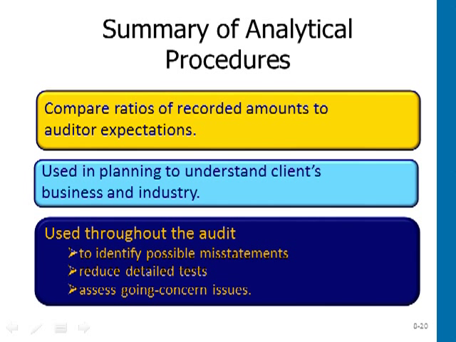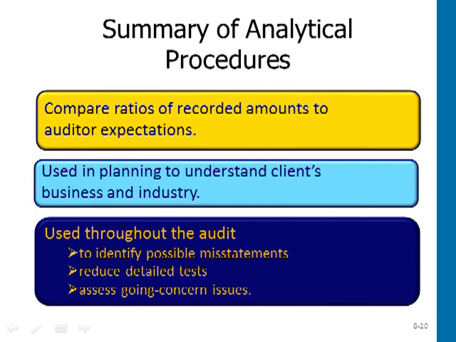And so just to quickly summarize the results of analytical procedures, we perform those to compare ratios of recorded amounts to our expectations. Where our expectations are not met, we perform additional audit steps. We use them in planning to understand the client's industry and the client's business, and then we use them throughout the audit to help identify possible misstatements, and perhaps to reduce the detailed tests that are required.